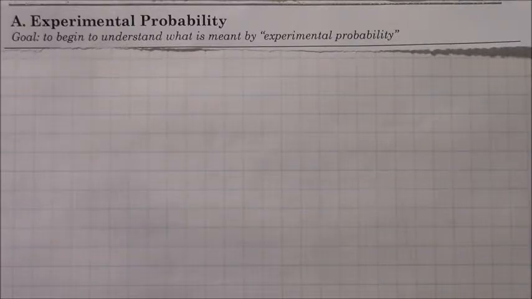So the word probability probably isn't too foreign to you, but it refers to the chance or the likelihood that an event will occur. So we can talk about probability in sports, probability in politics, the percentage or the probability that a certain candidate may win. Economics, there's probability.